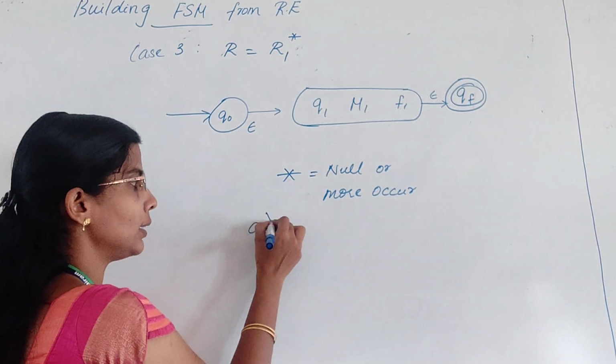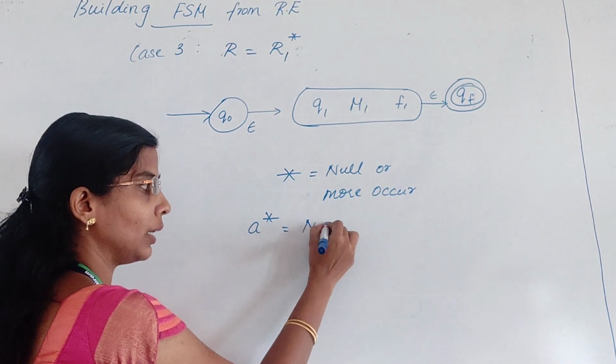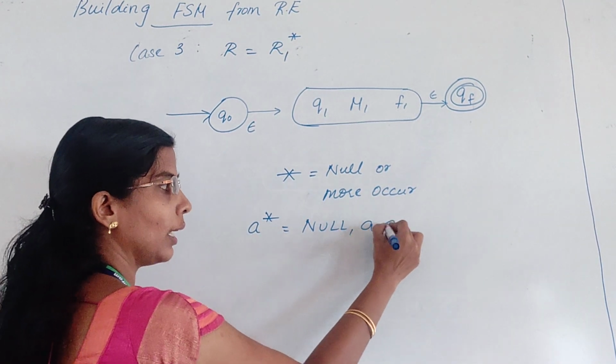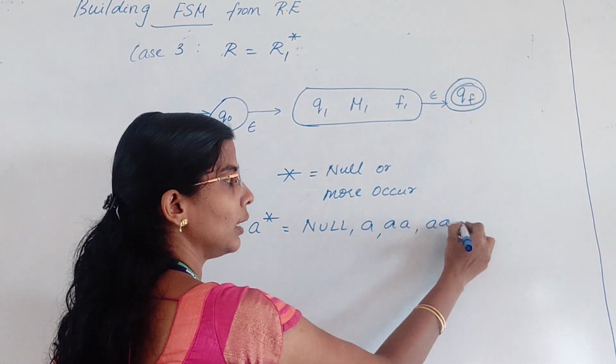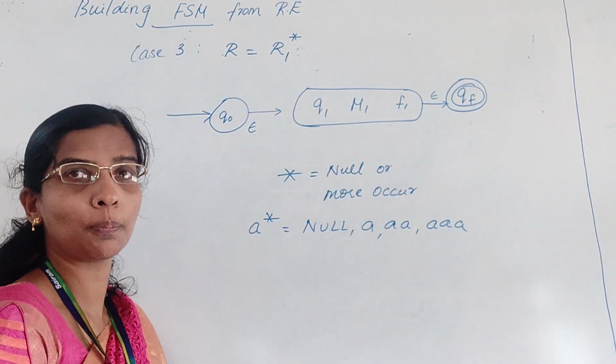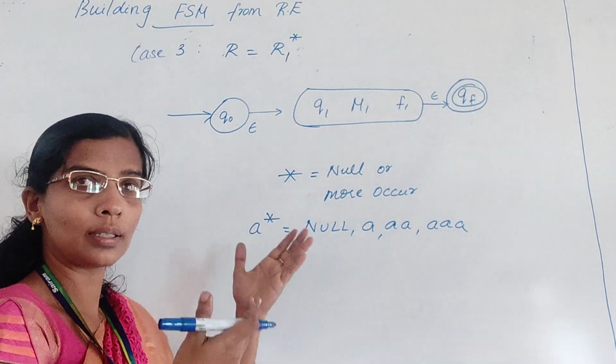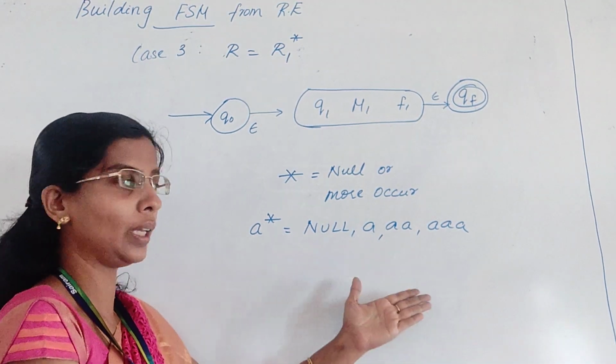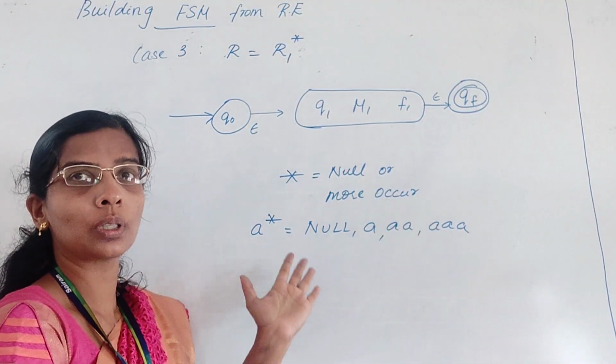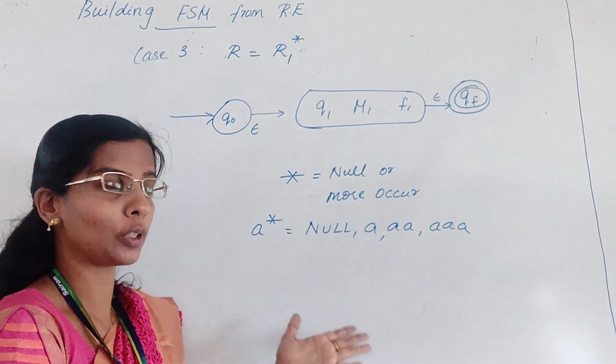So A star means I can have null or a single A, 2 A's, 3 A's, more occurrence of A is possible.